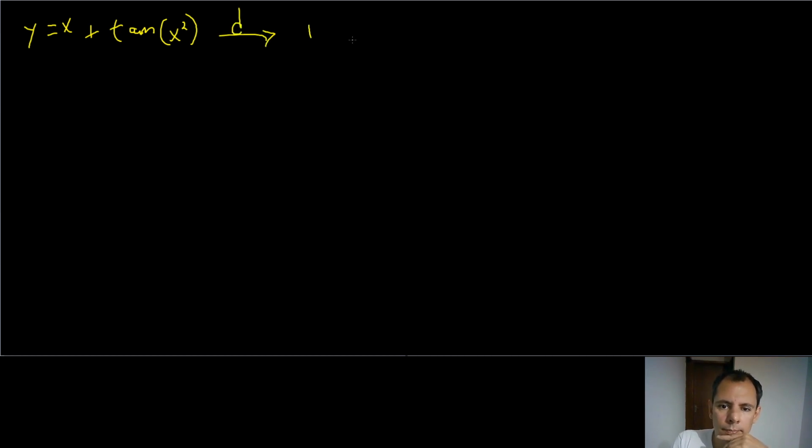It's going to be 1, because the derivative of this x is 1, plus the tangent is the outside function and the x squared is the inside function. So what's the derivative of the tangent? It's the secant squared. Secant squared of x squared, times the derivative of the inside function, which is 2x. And there you go. So it's 1 plus 2x secant squared of x squared.